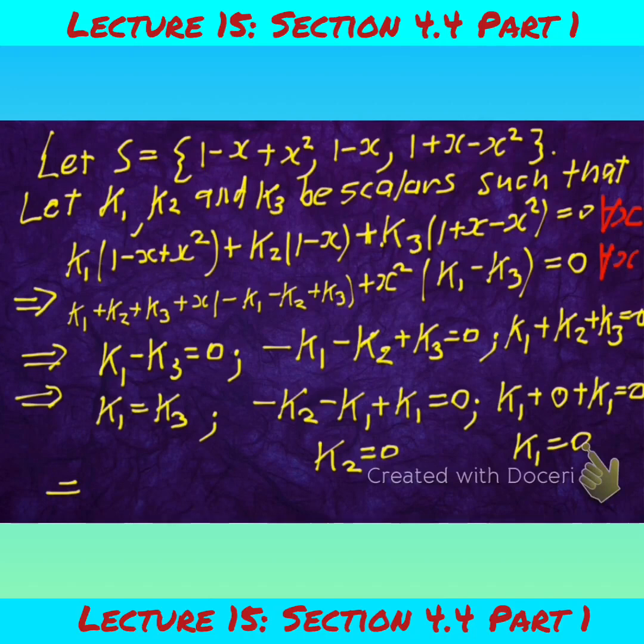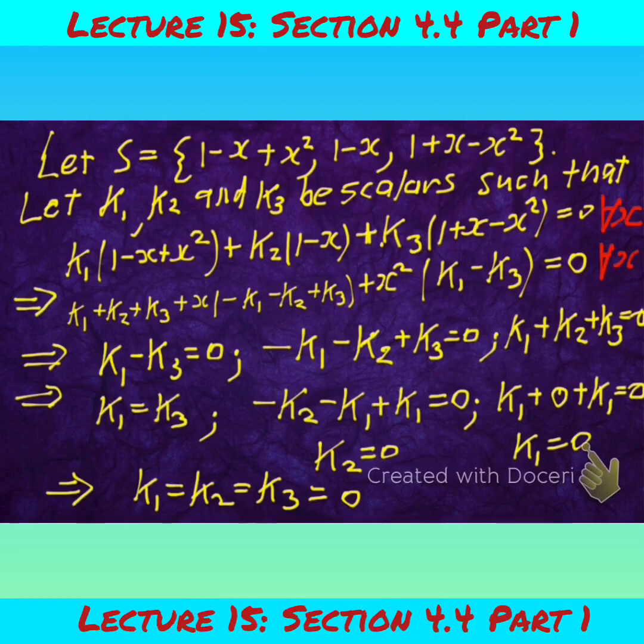And so K1 needs to be equal to K2, needs to be equal to K3, and that needs to be equal to 0. So basically, the only scalars K1, K2, and K3 that will satisfy this are the values that are all 0.